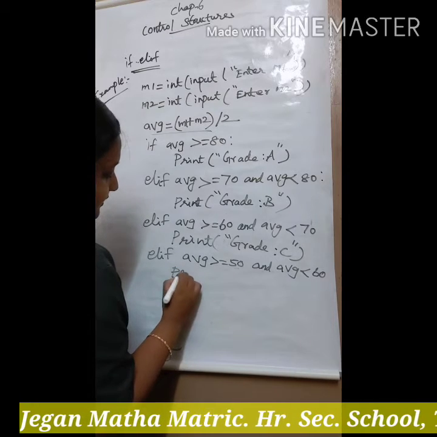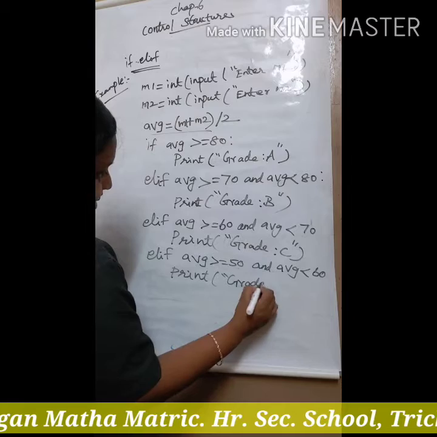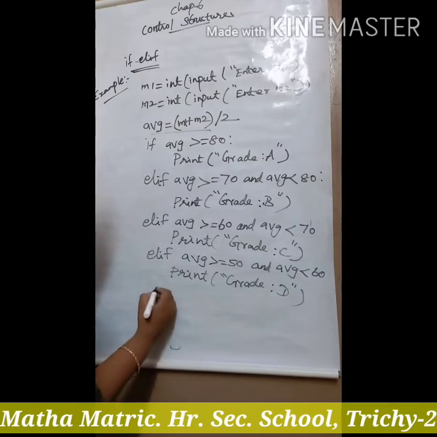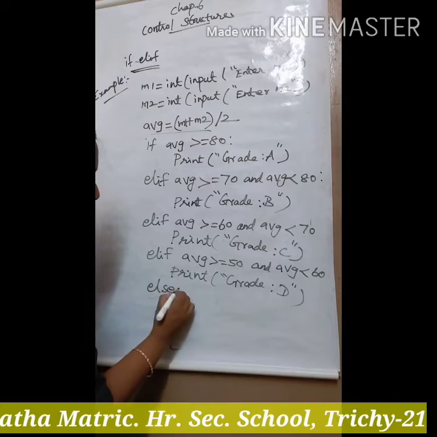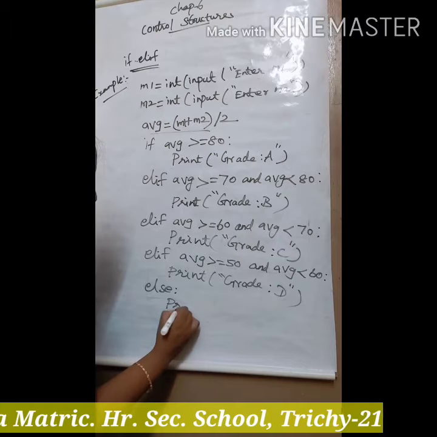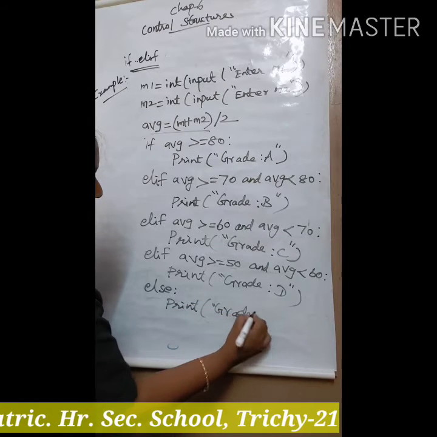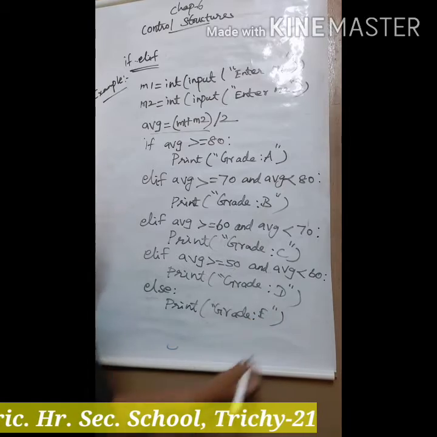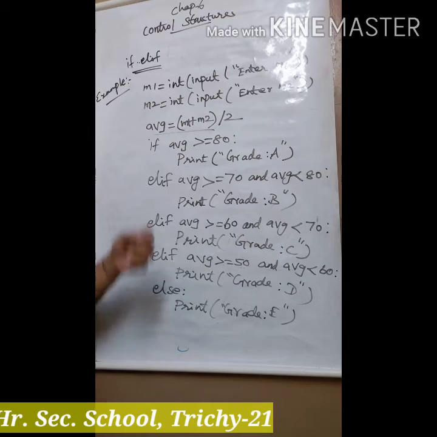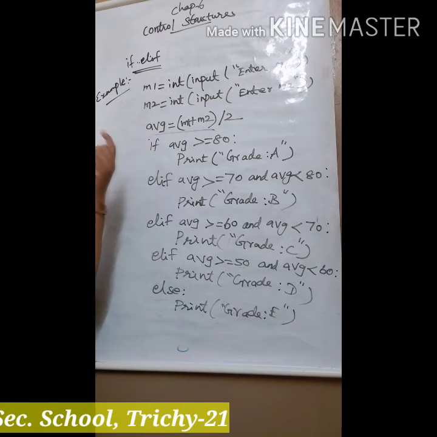Now it prints grade D. In case the condition is false, in the else part, it displays the result grade E. So if the condition is true, it executes the true block. If the condition is false, it executes the false block.